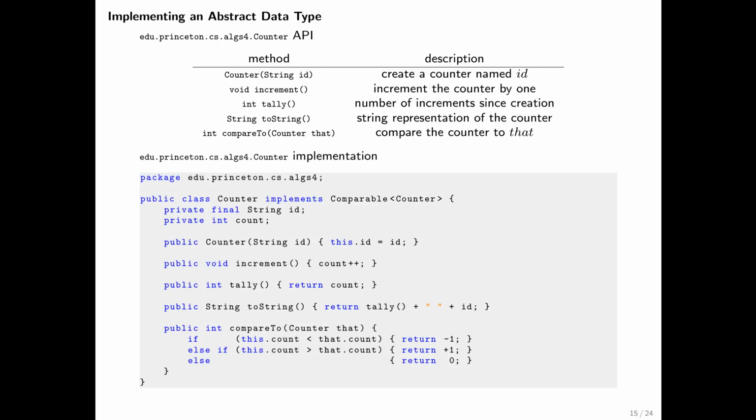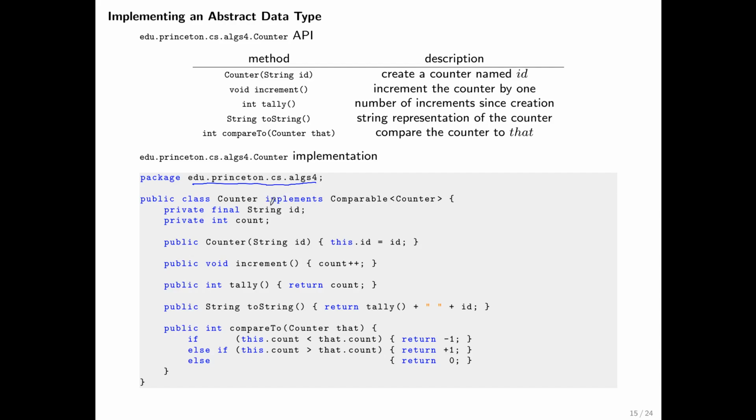So here is the implementation of the counter data type. Now this implementation sits inside of a file called Counter.java, and it sits inside of this package. That's the package statement that you see there. And Counter, remember, is a comparable data type.